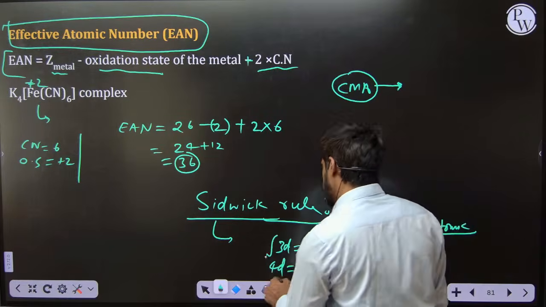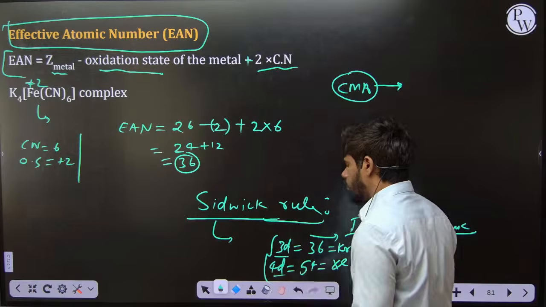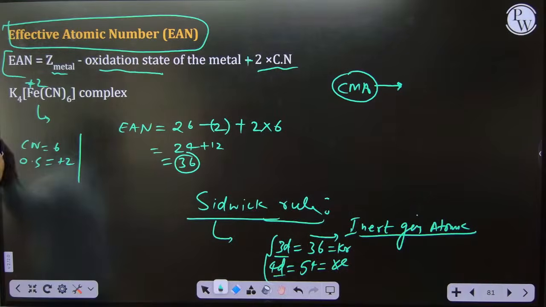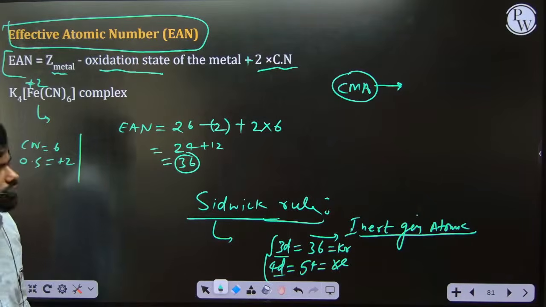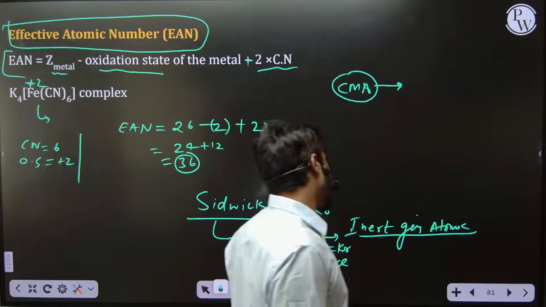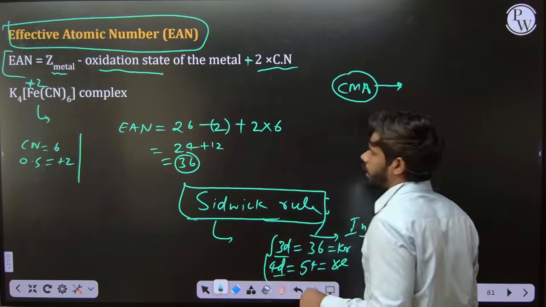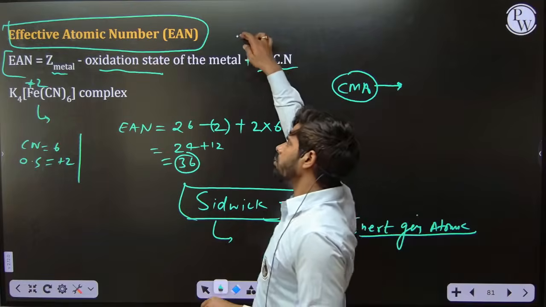For elements belonging to the 3d series, if the effective number of electrons reaches 36, then the complex is more stable than the other complexes. This is according to Sidgwick's rule, or we can say the EAN rule.